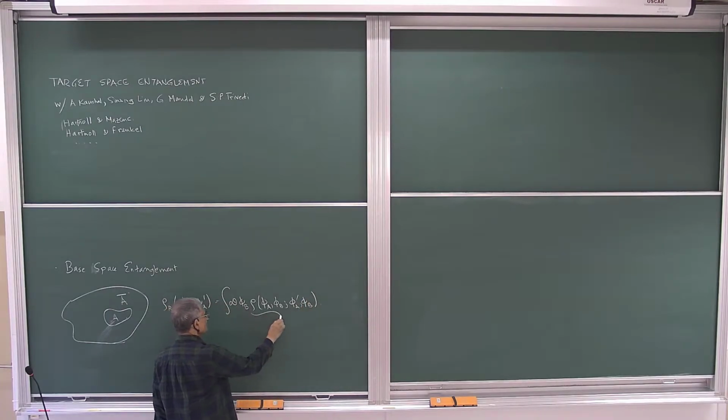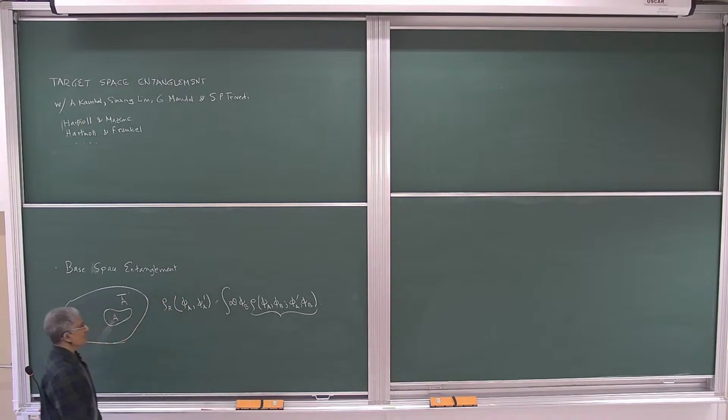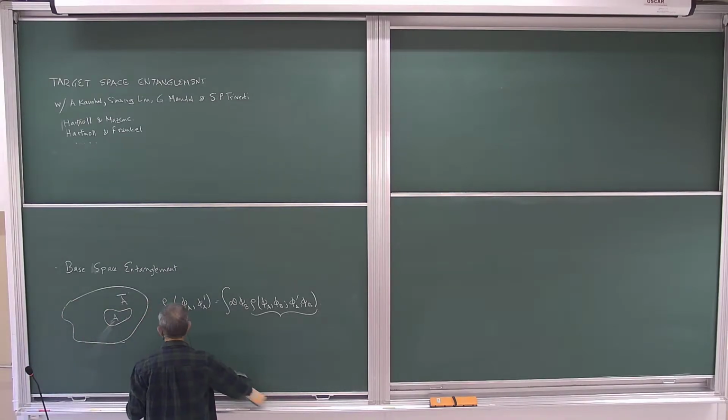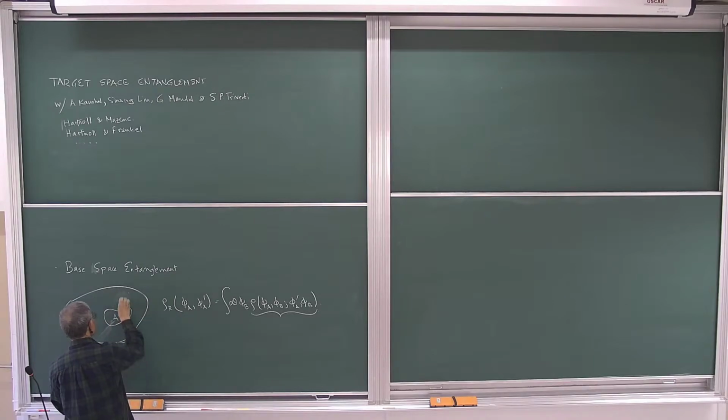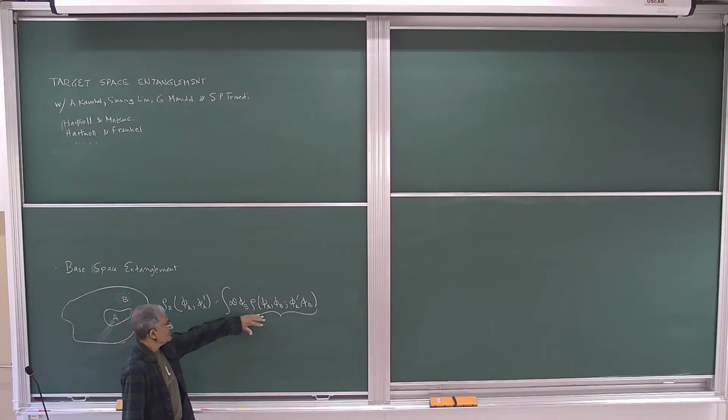So this object is the state of the entire system. So I shouldn't call this B, which is A plus B together. So this is the density matrix.